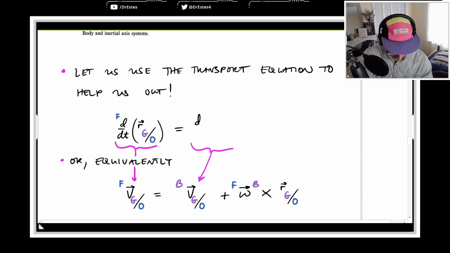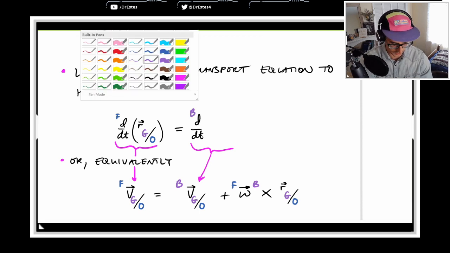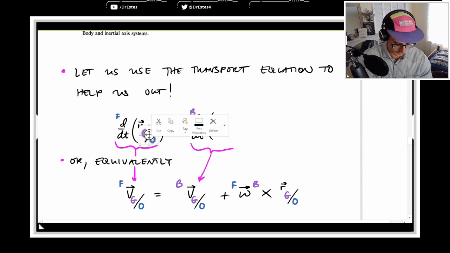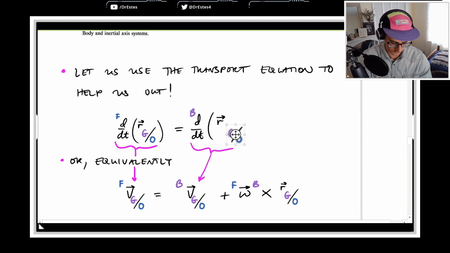All right. So the time derivative of the position vector with respect to the F frame is equal to the time derivative of that position vector with respect to the B frame. I'm going to copy this. And then this part, I'm going to take this from below.